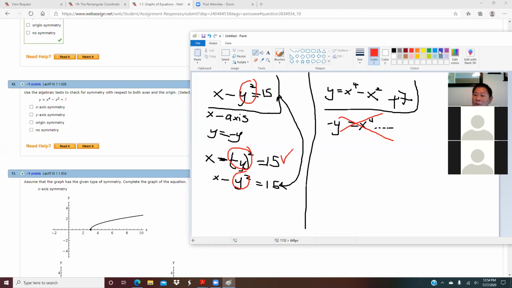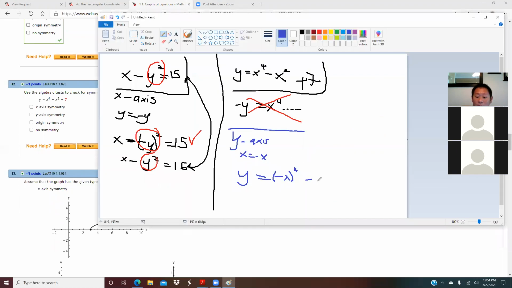So next, I will use the y-axis. To figure out if there is y-axis symmetry, you replace all your x with negative x. So you will get y equals negative x to the power of 4 minus negative x to the power of 2 plus 7.